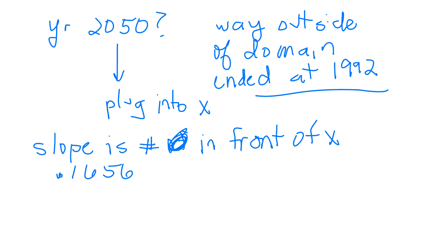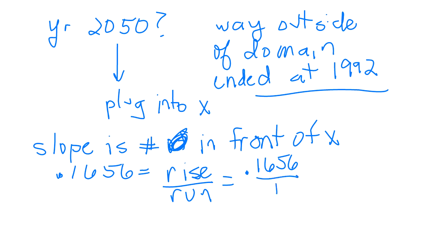Now, if you remember a little bit about algebra, the slope is rise over run, or the change in y over the change in x. So if we rewrite this fraction over 1, then this is the change in x, this is the change in y.